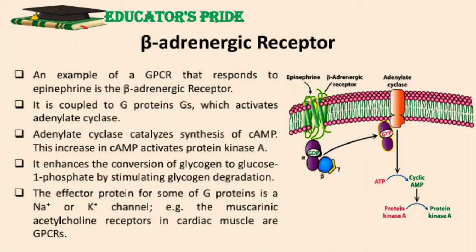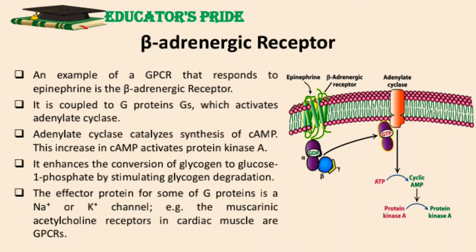The epinephrine stimulated increase in cyclic AMP and subsequent activation of protein kinase A enhance the conversion of glycogen to glucose 1-phosphate by stimulating glycogen degradation.